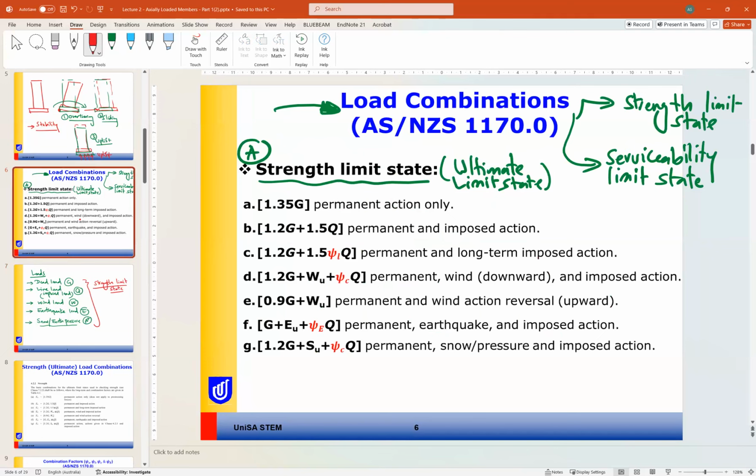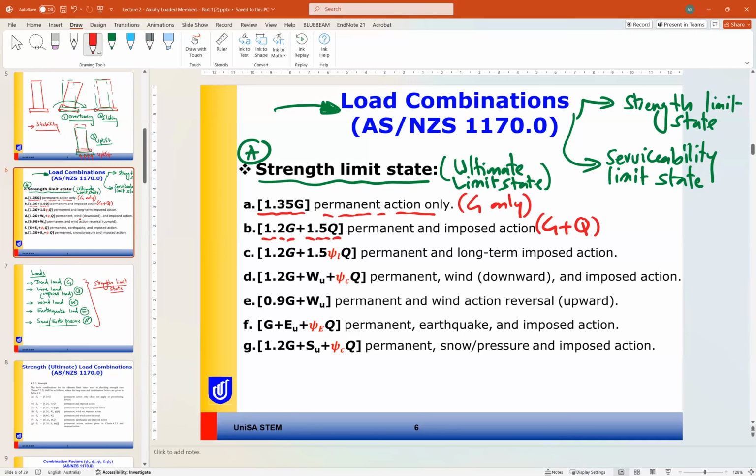The first load combination, if we consider dead load only, so G only on the structure, is 1.35 G. So this is the first one. The second one, if we have G plus Q, but Q in this case is the total Q, we have 1.2 G plus 1.5 Q. So in this case of live load, we take the whole live load.